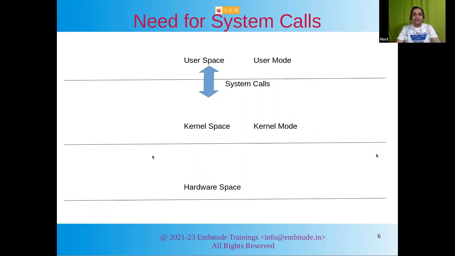The system calls are a set of interfaces, like open, read, write. These help you access the hardware resources in the kernel. So you are requesting services from the kernel space using the system calls.